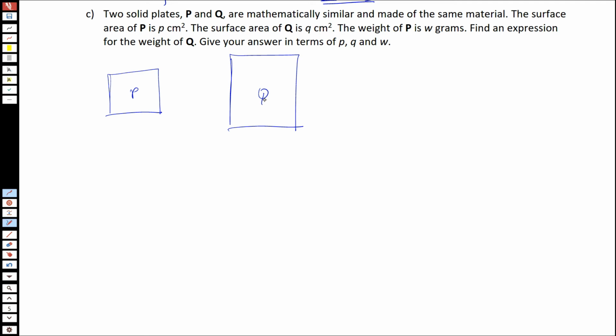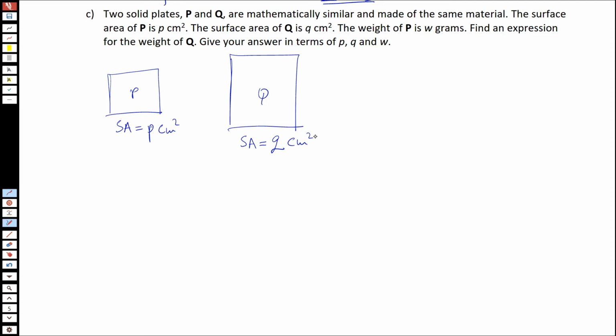This is just meant to help you visualize what's going on. So the surface area of P is P, and the surface area of Q is Q, in centimeters squared.